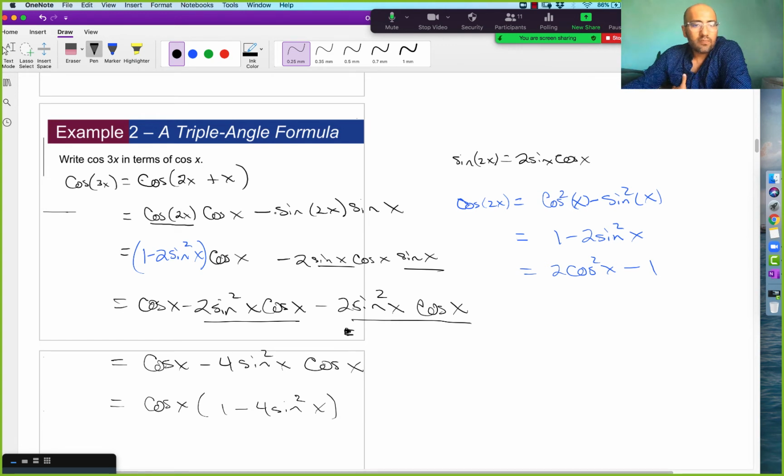The instructions were to rewrite it in terms of cosine, so now we can use our identity that sine squared x plus cosine squared x equals 1 and rewrite it as sine squared x equals 1 minus cosine squared x. Good, so put that right in here, and we're almost done.